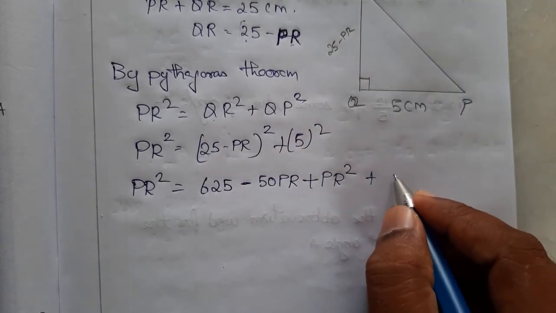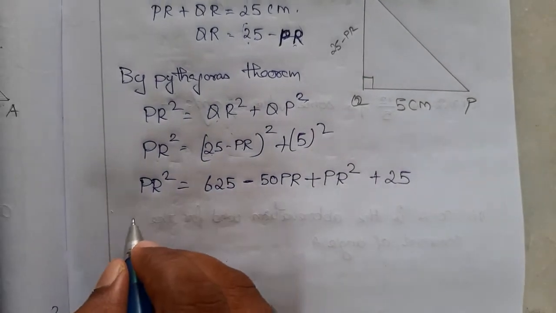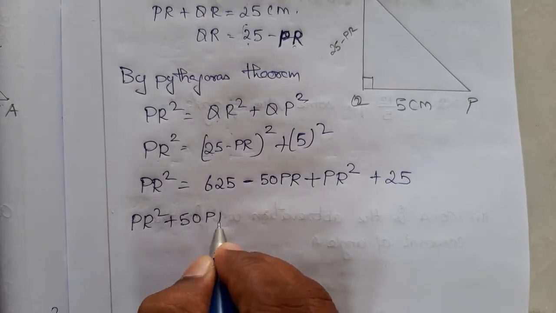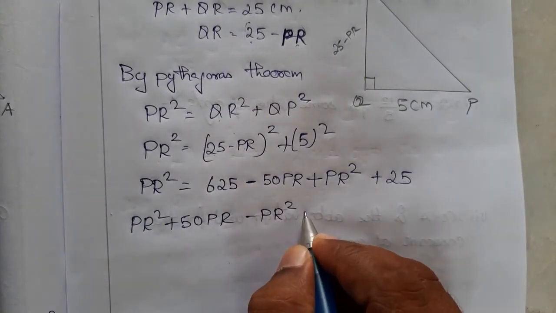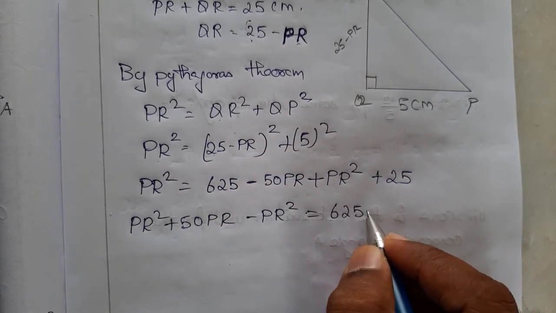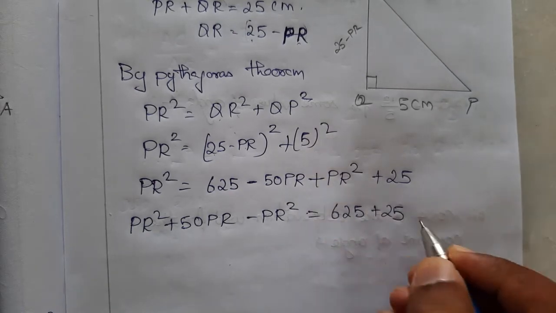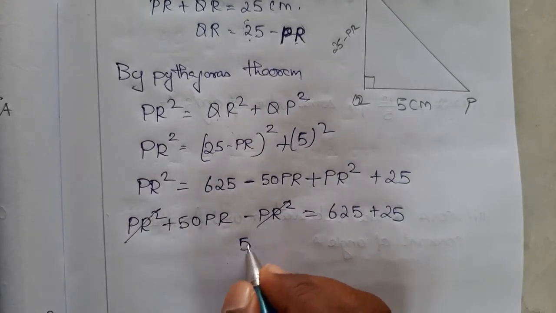If we bring the PR terms to this side and the numbers to that side, we will be getting PR square; bringing this across, it becomes plus 50 PR, and bringing this across, it becomes minus PR square, is equal to 625 plus 25. So plus PR square and minus PR square become 0.